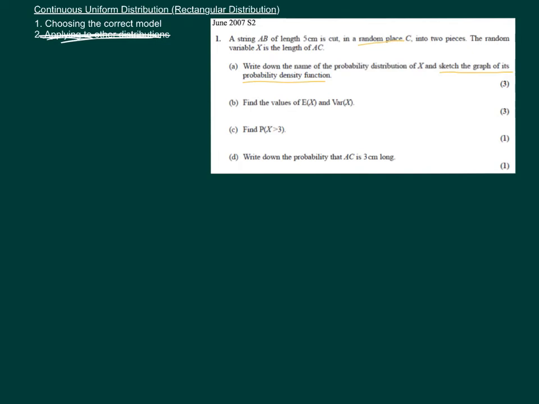So we know that this is a continuous uniform distribution. So that would gain us 1 mark of the 3 in part A. We're also asked to sketch the graph.